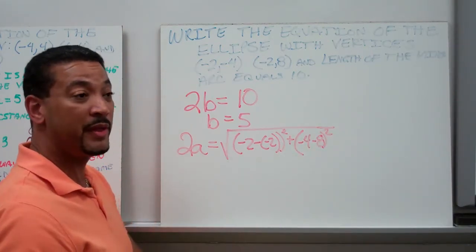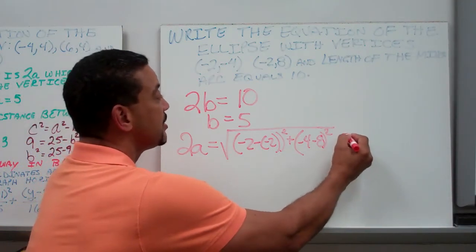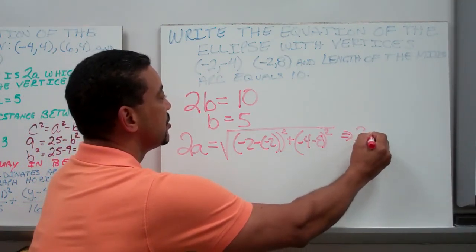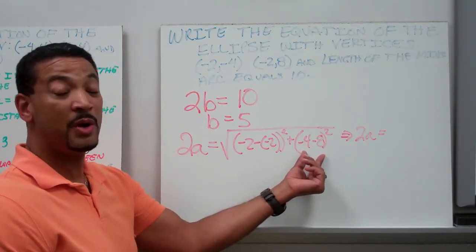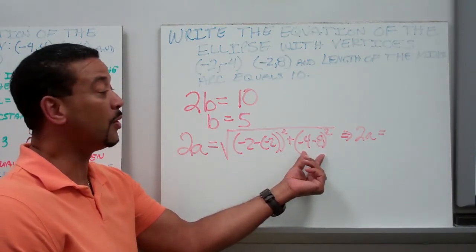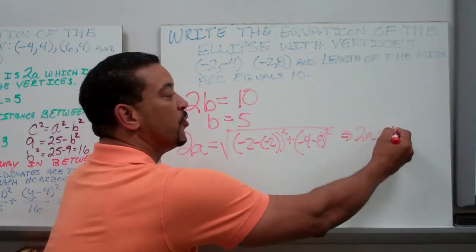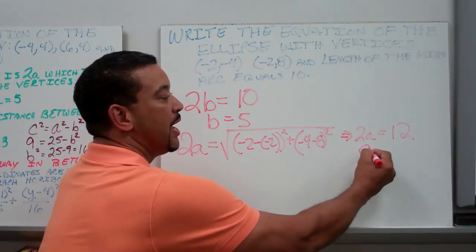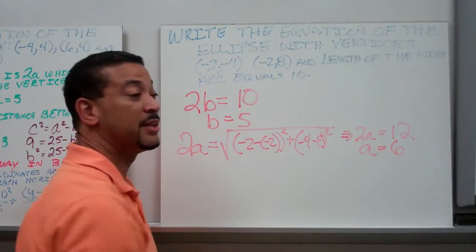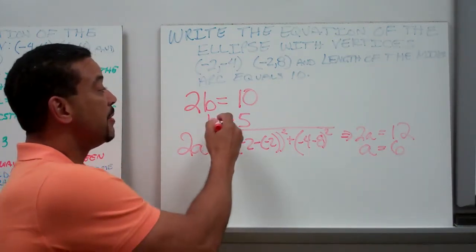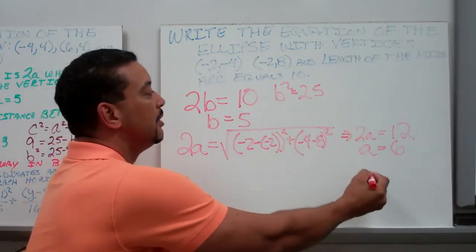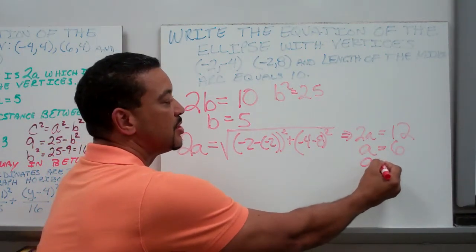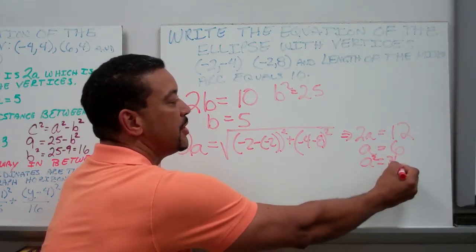This gives us 2a equal to, this is 0 here, this is 12 here, 12 squared is 144. We take the square root of 144, we get 12. So a is going to be equal to 6. We know that b is equal to 5, so b squared has to be 25, and a squared has to be 36.